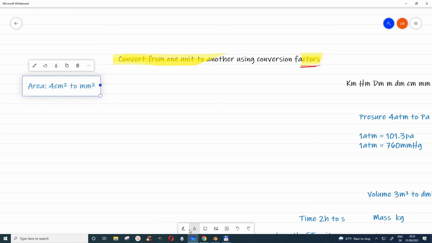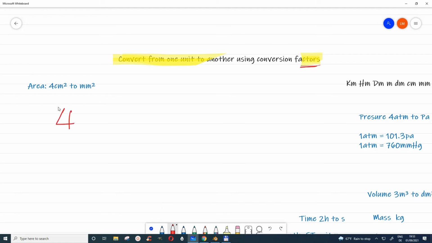Now let's start solving it. We write our 4 centimeters squared, and then we multiply as usual. We need centimeters squared as the denominator, and our solution must be in millimeters squared.